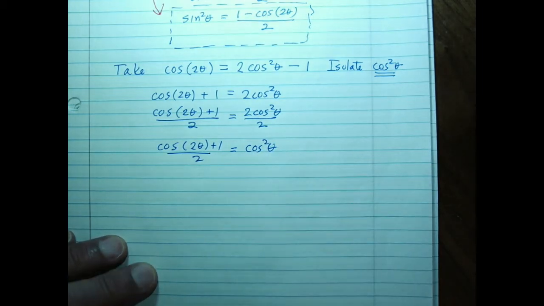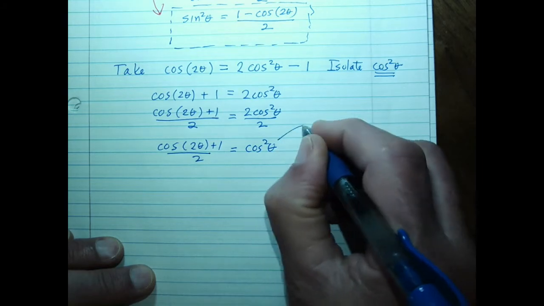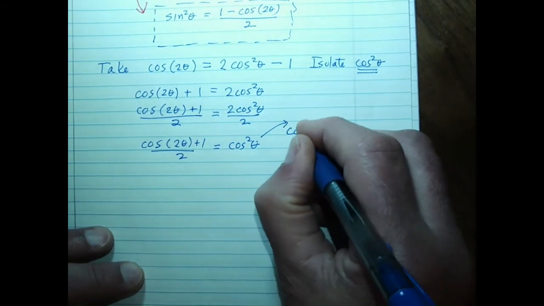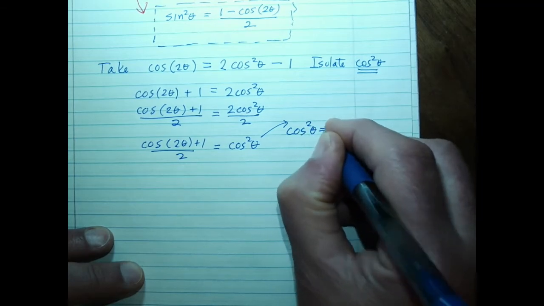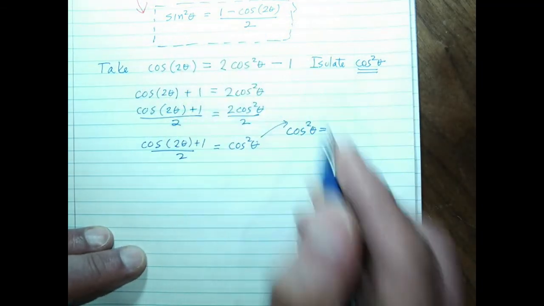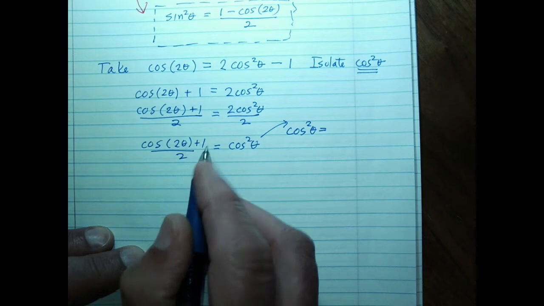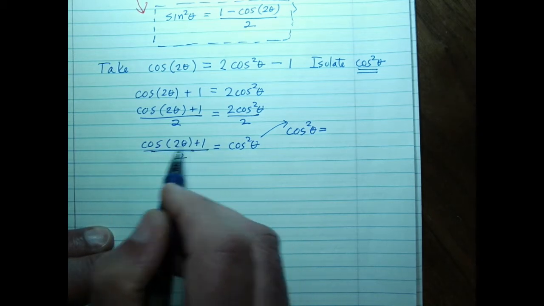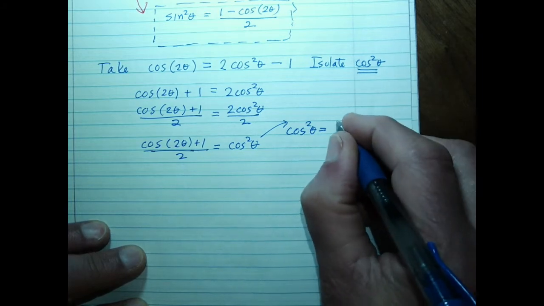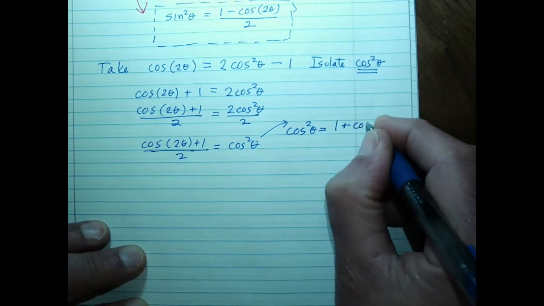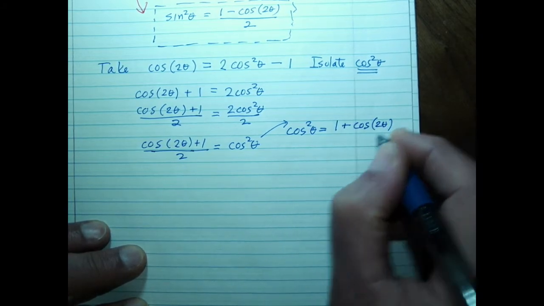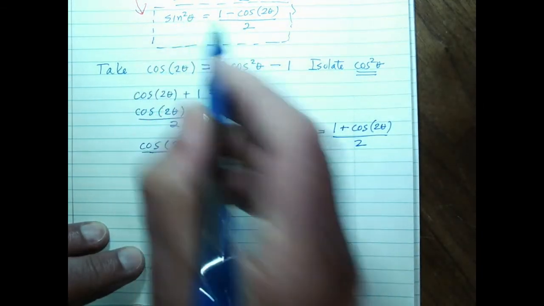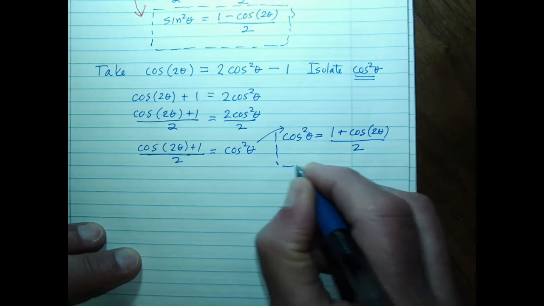But I just want to recopy it here on the side with the cosine squared on the left, so we have some symmetry with our sine squared. And because I'm adding two positive terms in the numerator of the fraction, I can put them in either order. I'm going to write the 1 first: 1 plus cosine 2 theta over 2. The only reason to do that is it matches the sine squared.